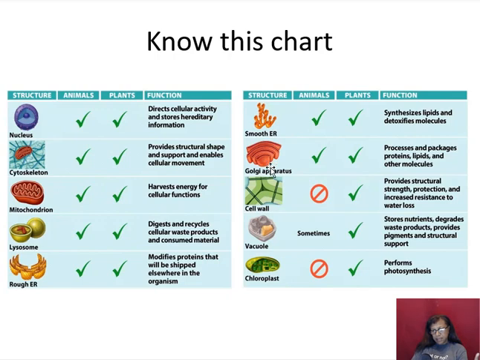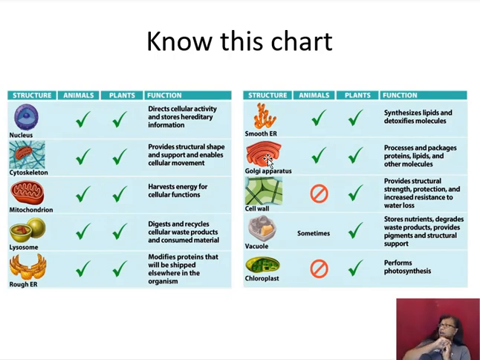The Golgi apparatus. I like to think of the Golgi apparatus as the post office of the cell. After a cell makes a protein, it sends it to the Golgi apparatus, and the Golgi apparatus basically processes and packages that protein, lipid, steroid, whatever that molecule is, and it puts a molecular stamp as to where it is to go.